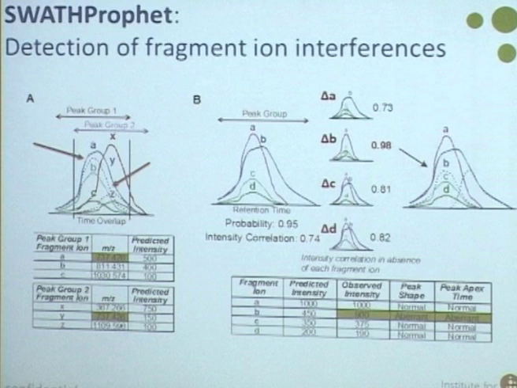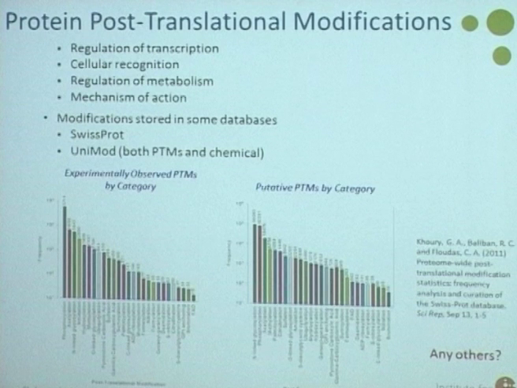If we look at our script, the way we do this is we can take out each one of these transitions one by one and recalculate what the probability would be without that transition, and then work out which one of those transitions was actually interfering, and in the end get to a better probability, and show that that one transition was really a component of two separate peptides, and then recalculate that component. But what that's also enabled us to do is to understand protein modifications.